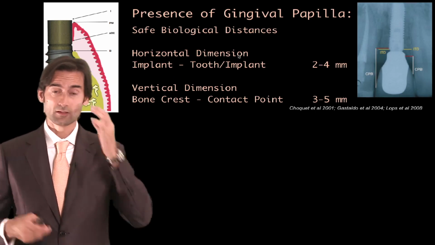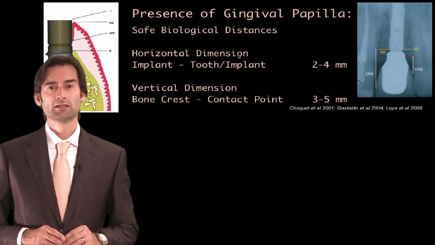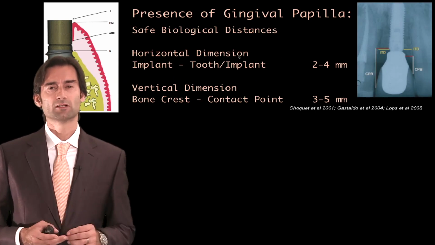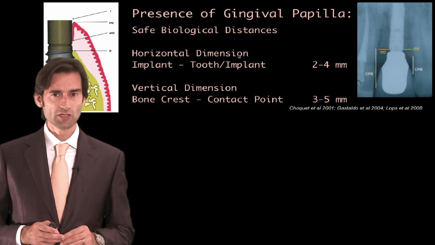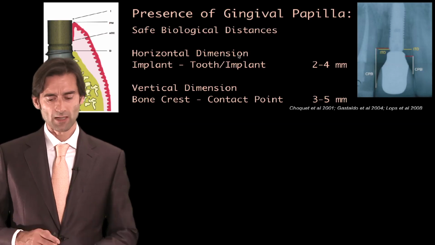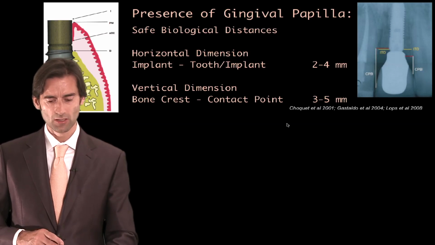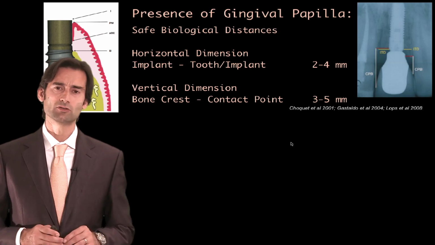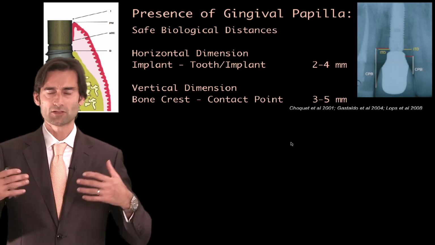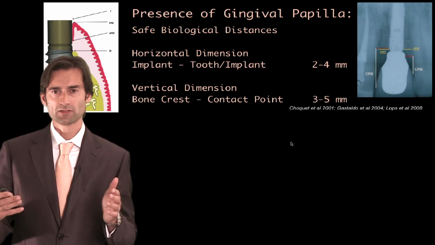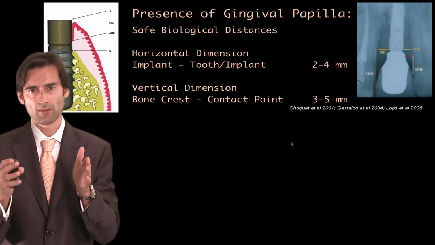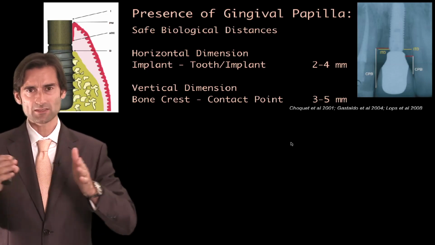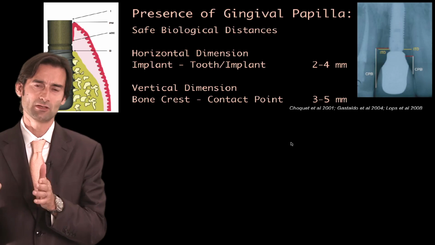So then we can make safe protocols again for the gingival papilla. And I've come up with this protocol which goes into 2 dimensions to make it easier for us to use in clinical practice. First of all, I'm thinking about the horizontal dimension. Think always about the distance between implants and think about the distance between an implant and a tooth.